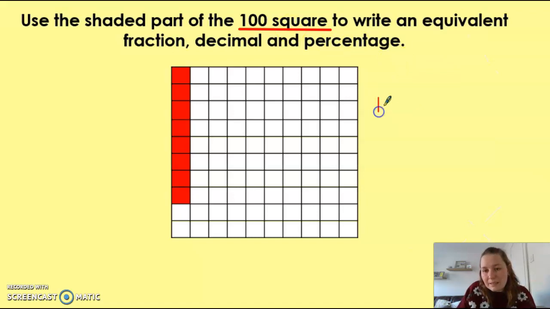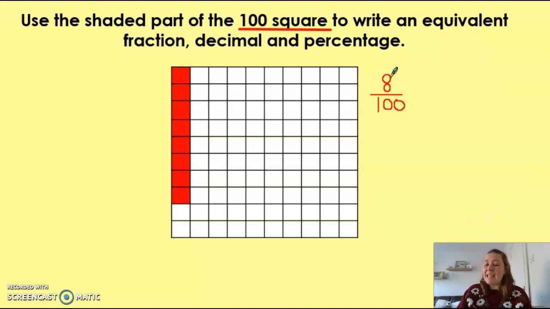That's my denominator. Now remember, your numerator, your top number of the fraction, is how many you've got out of that whole, or in this case, how many are shaded. 1, 2, 3, 4, 5, 6, 7, 8. 8 out of 100.